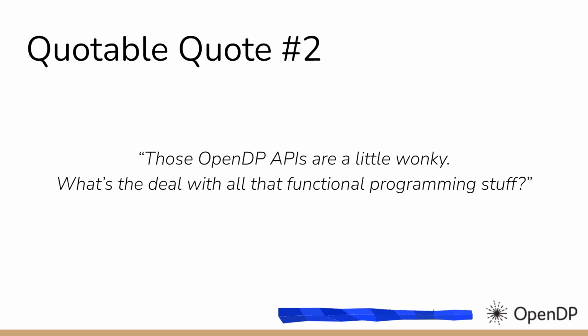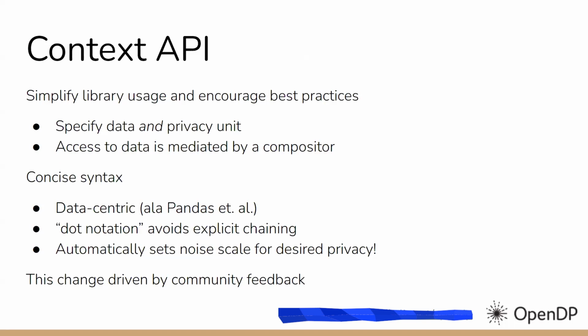All right, so as I was mentioning before, these OpenDP APIs can be a little wonky. Like what's with all this functional programming stuff? So in response to community feedback about the difficulty of using these low-level APIs, we've released a new higher-level API we call the context API.